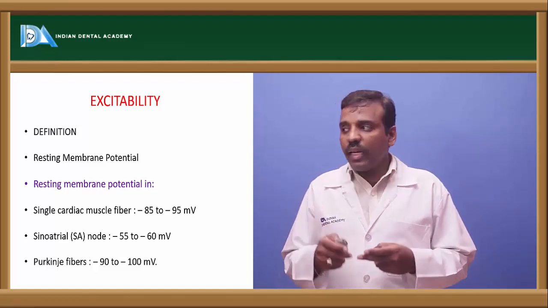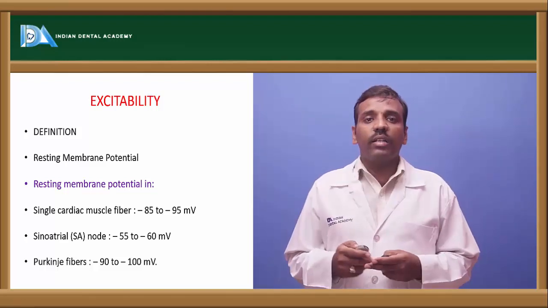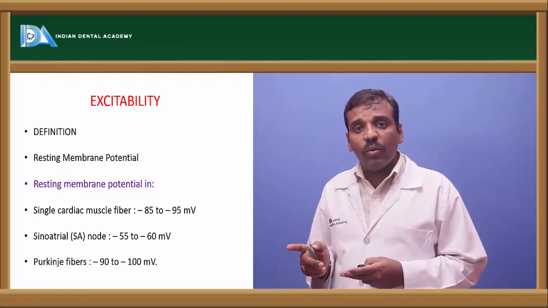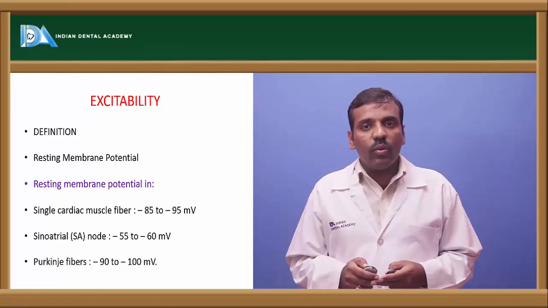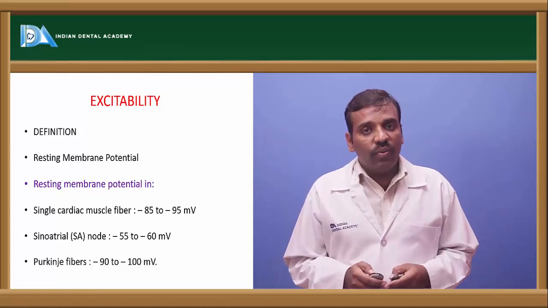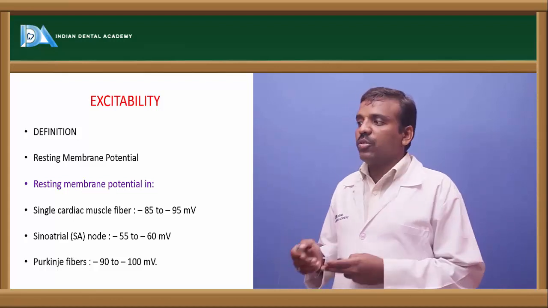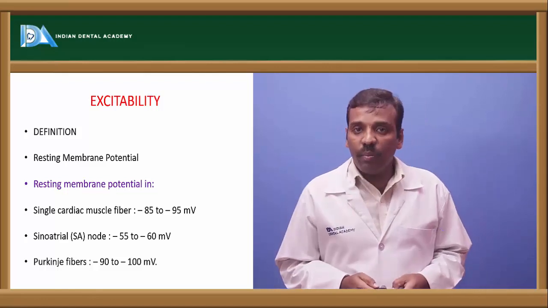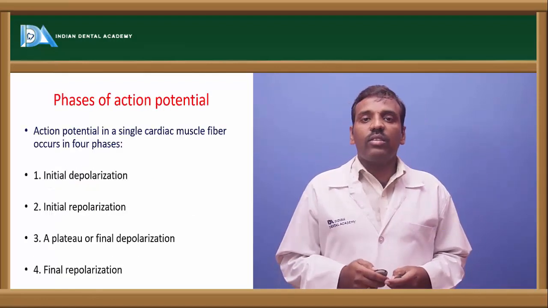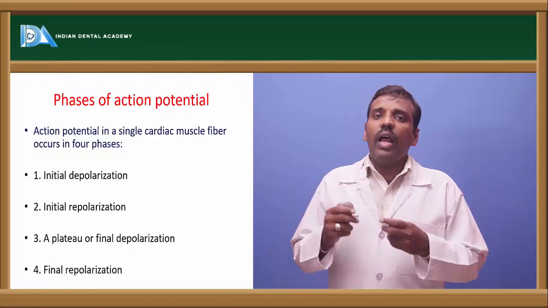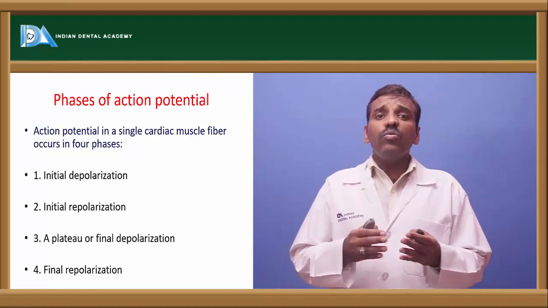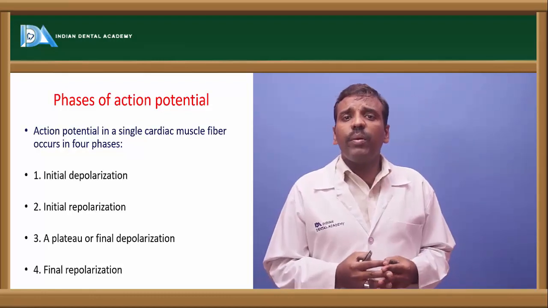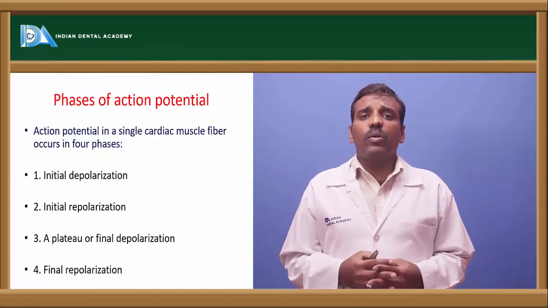So single cardiac muscle is minus 85 to minus 95 millivolts, the sinoatrial node is minus 55 to minus 60 millivolts, and the Purkinje fibers are about minus 90 to minus 100 millivolts. That is the resting membrane potential. And when we apply the stimulus, immediately an action potential is evoked.